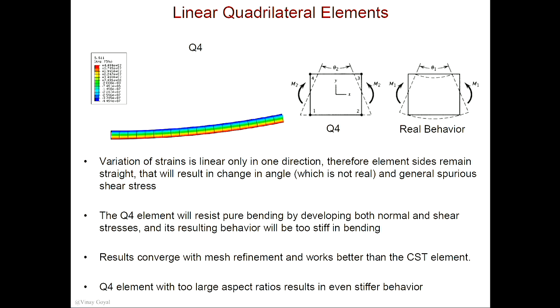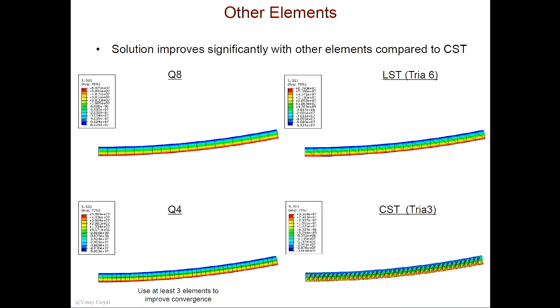But it works better, as you can see just by looking at it, than the constant strain triangle. And look at the value here, it's 4.49E7 stress in the bottom fibers. If I go here to the Q8 element, which is going to be close to the exact solution, it's 6.029E7. So just a single row of elements, Q8 did very well.